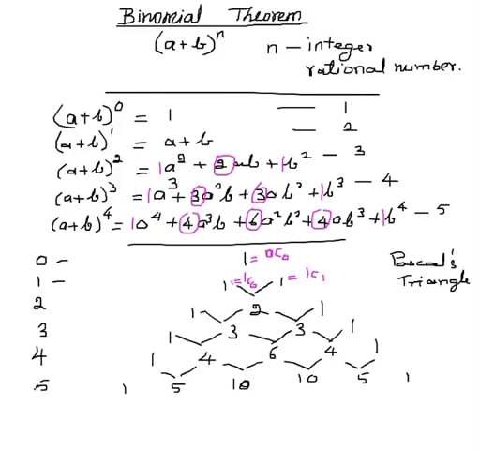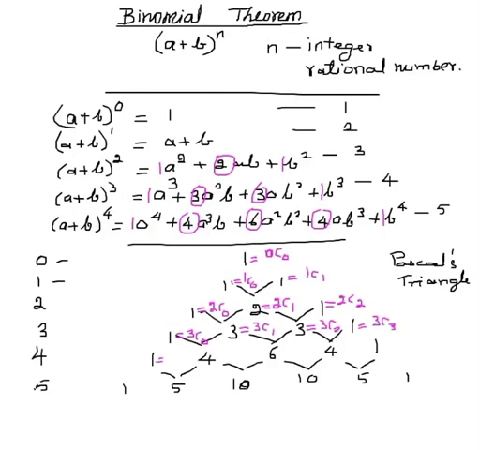And for the index 2, the first coefficient is 2C0. The second coefficient is 2C1. And this is 2C2. For the index 3, the coefficients are 3C0, 3C1, 3C2 and 3C3.